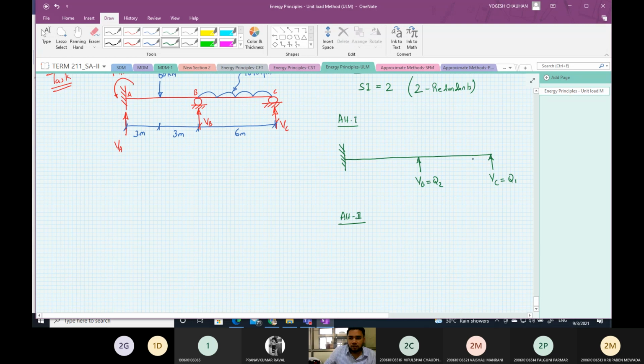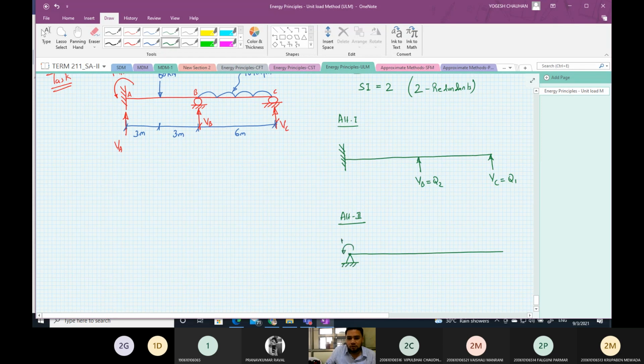you can choose the moment here as redundant and the reaction over here as redundant. So in that case, if you choose the moment as redundant, this will be a hinge.